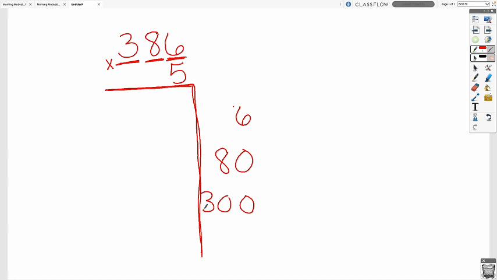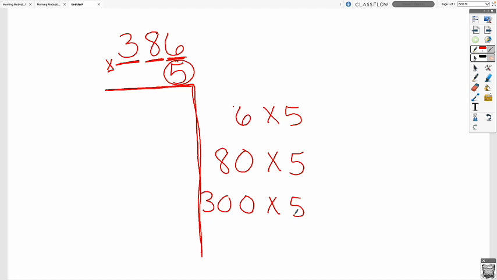So I have written all of the values for my number, and all I'm going to do now is simply take this 5 and the multiplication sign and write it beside each one of these numbers. So now I have 6 times 5, 80 times 5, and 300 times 5.